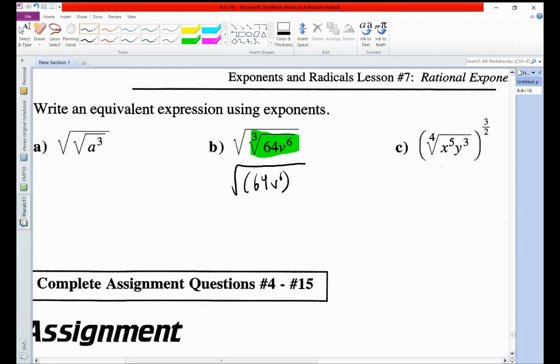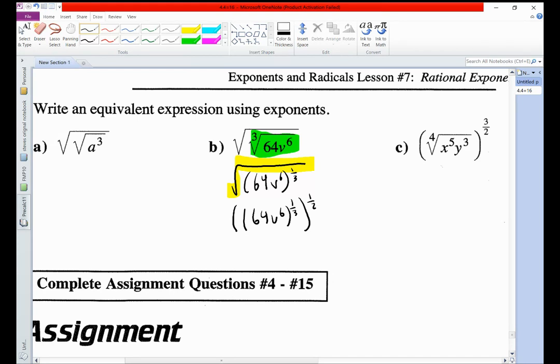The 6 looks identical. Silly. To the power of 1 over 3. And then we can convert this square root sign here into, we're going to do the nested brackets here, 64 v6, that's to the power of 1/3, all to the power of 1/2.